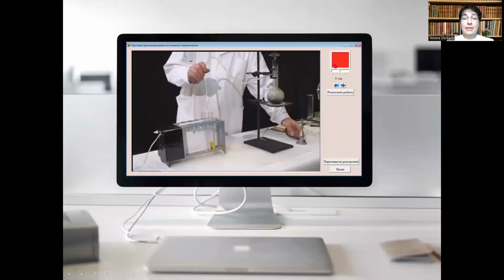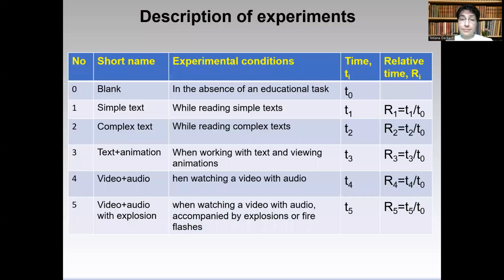They must press a button as soon as possible when its color has changed. The faster the secondary task was performed, the less workload the respondent felt. The homemade software allows one to measure the time of respondents' response and process the results statistically.